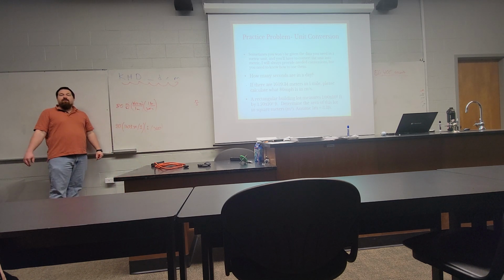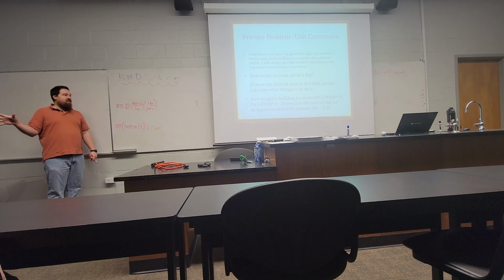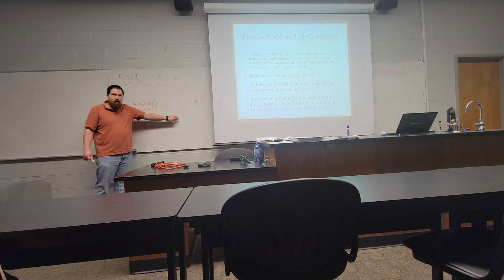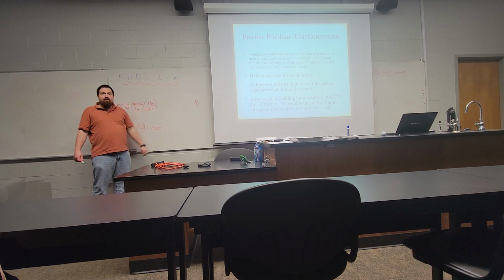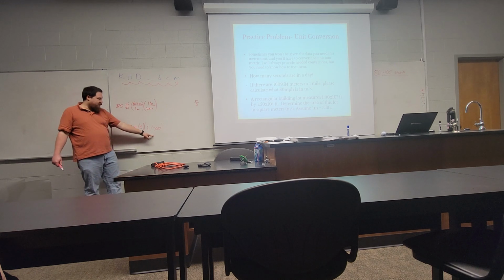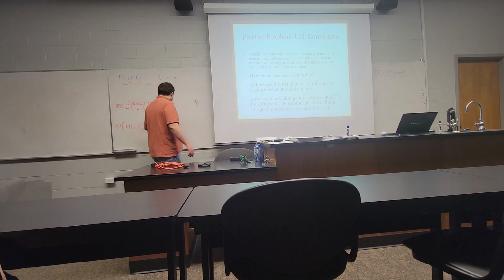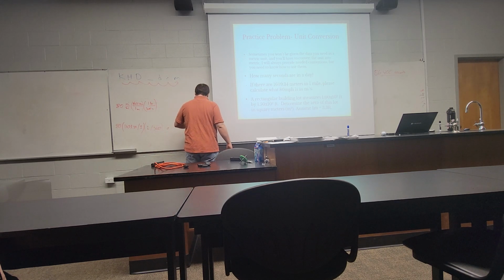If you didn't do the 3,600, if you instead did 1 over 60 times 1 over 60, you would write out 1 over 60, close parentheses, 1 over 60. Now this string, if you put it in your calculator and press go, will take us to meters per second.